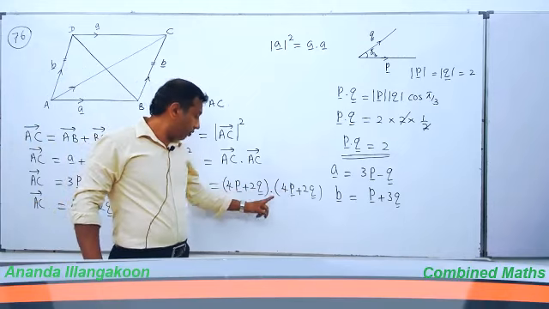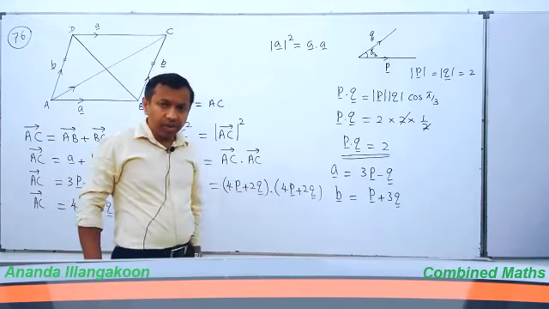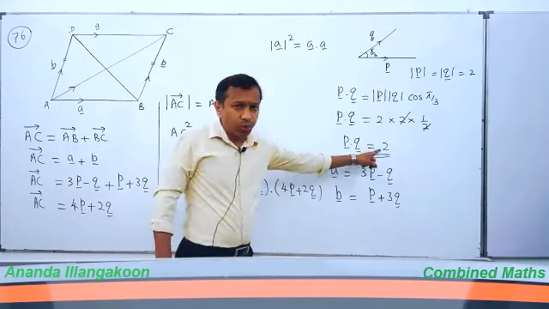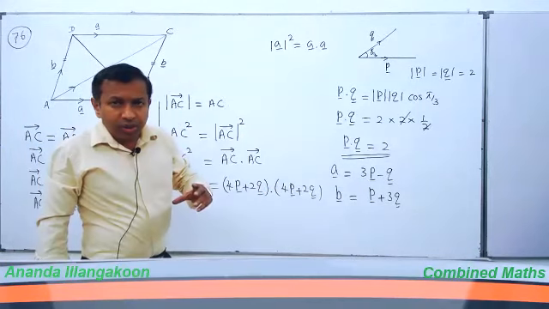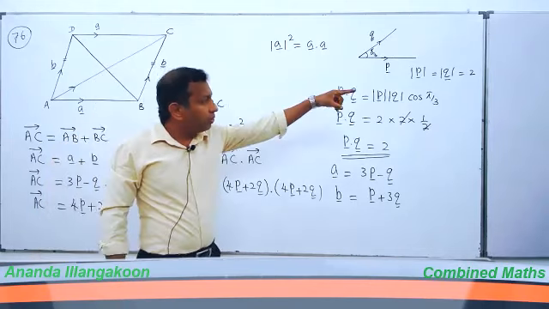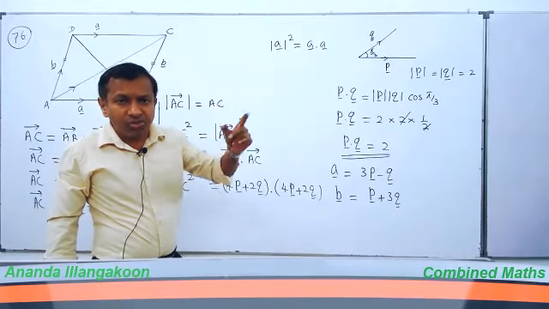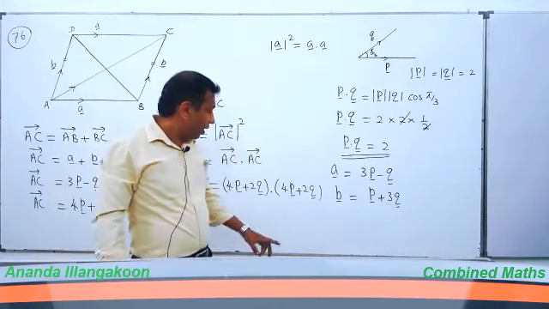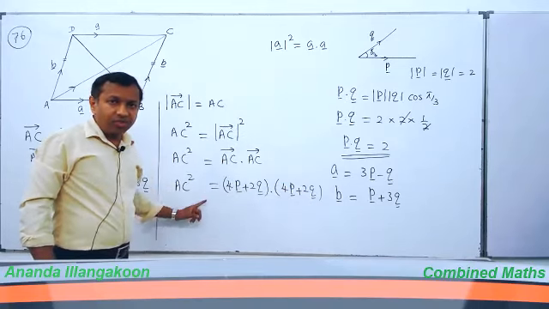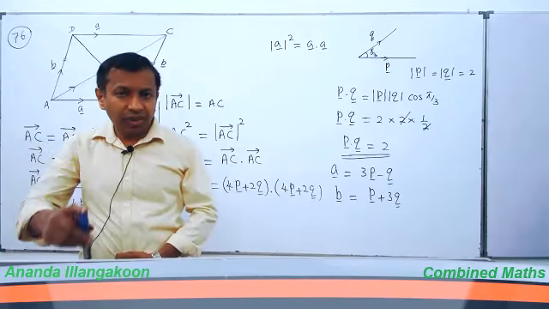Wherever you get P dot Q, we have found P dot Q as 2. Wherever you get P dot P, it is mod P perfect square; mod P is 2, therefore 2 squared. Wherever you get Q dot Q, it is mod Q squared, which is 2 squared. Then take the answer to the right hand side. Then AC squared is that, and AC is its root. Understood?